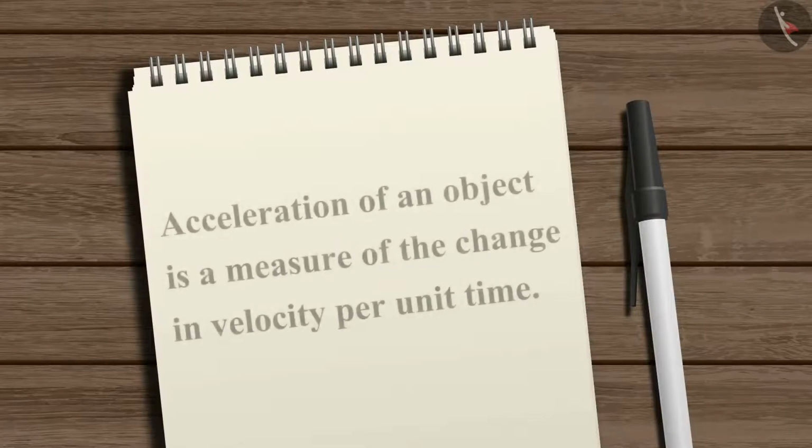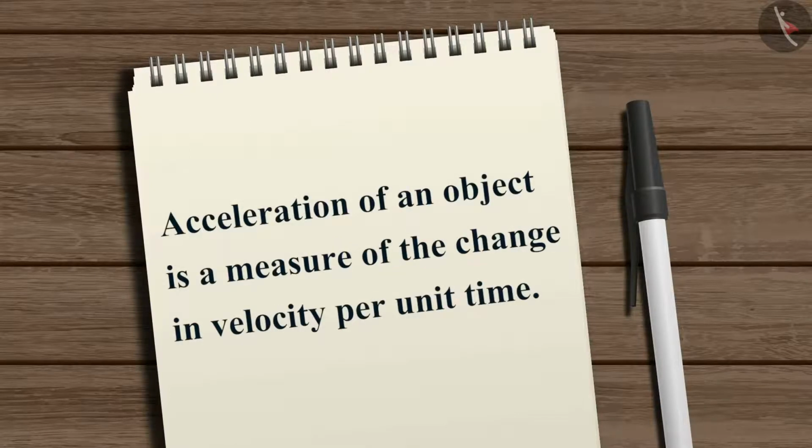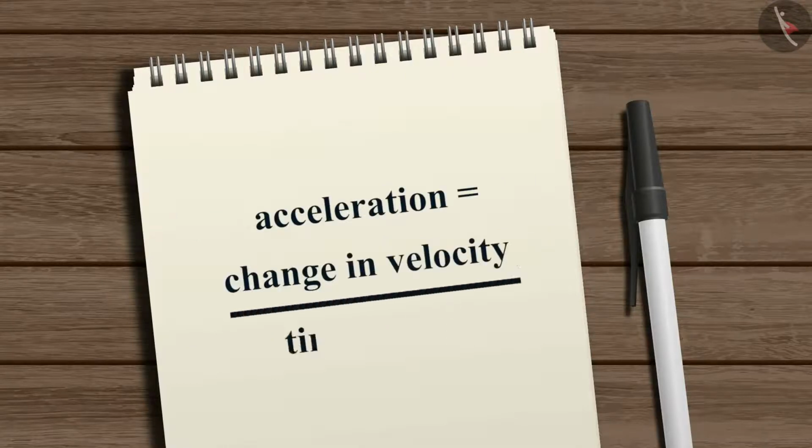So, the acceleration of an object is a measure of the change in velocity per unit time. That is, acceleration is equal to change in velocity divided by the time taken. SI unit of acceleration is meter per second square.